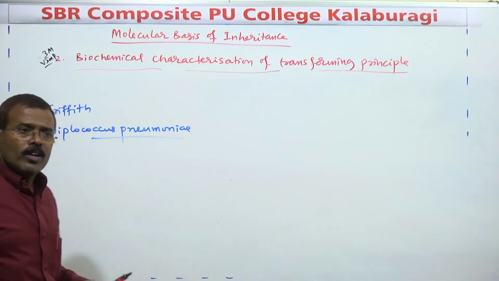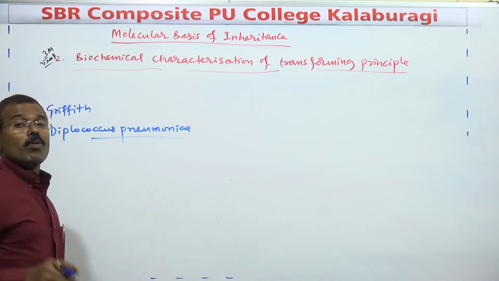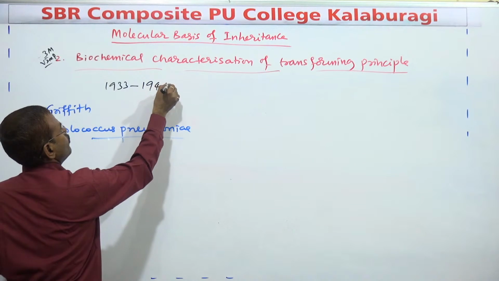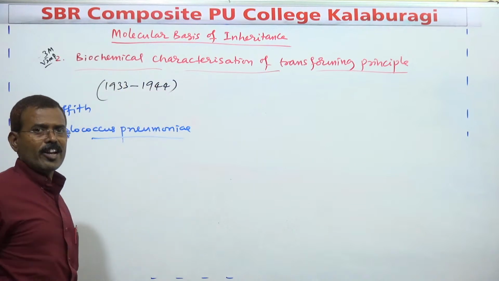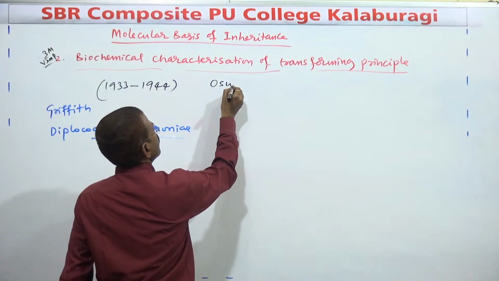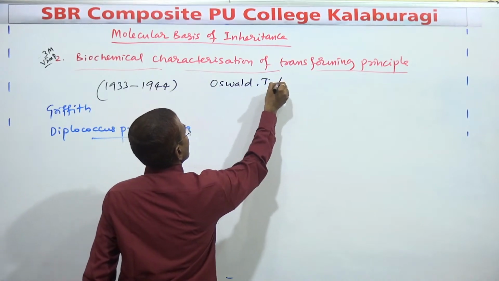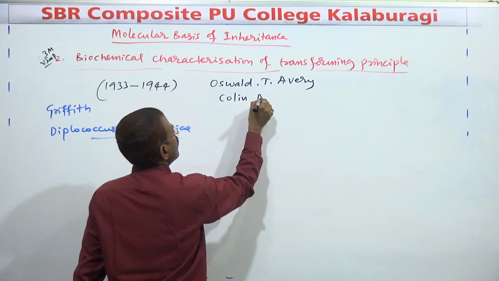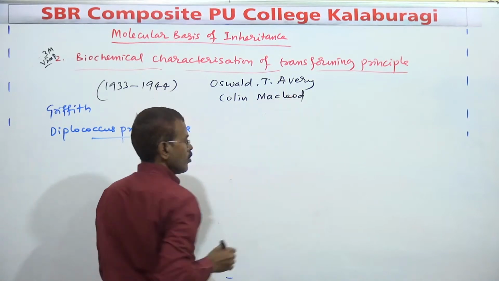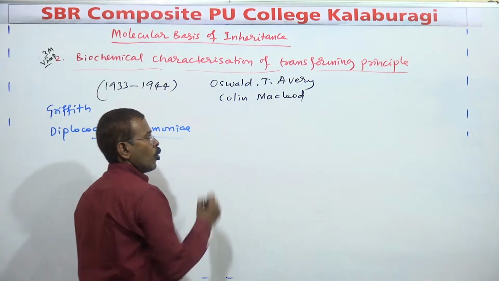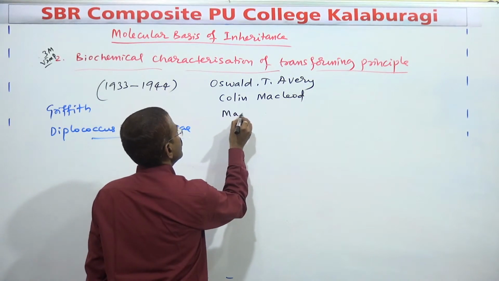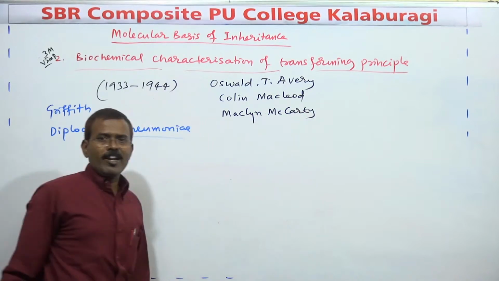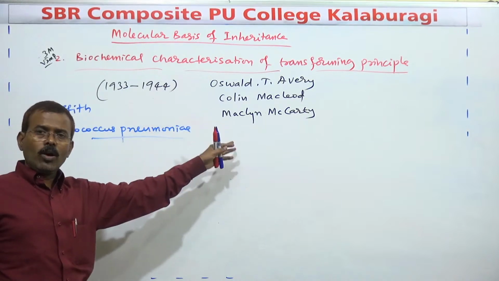Diplococcus pneumoniae, that was continued by a group of 3 scientists between 1933 and 1944. In the year 1944, Oswald T. Avery, Colin MacLeod, and Maclyn McCarty.